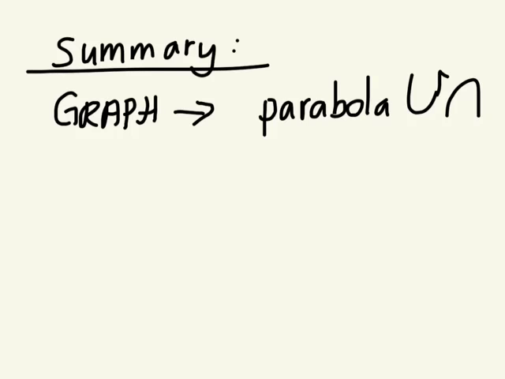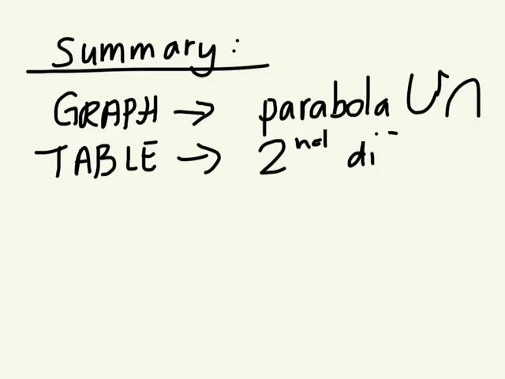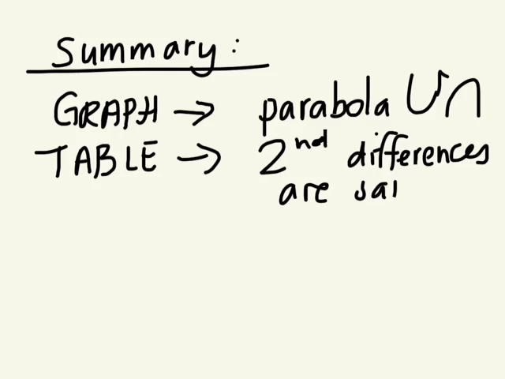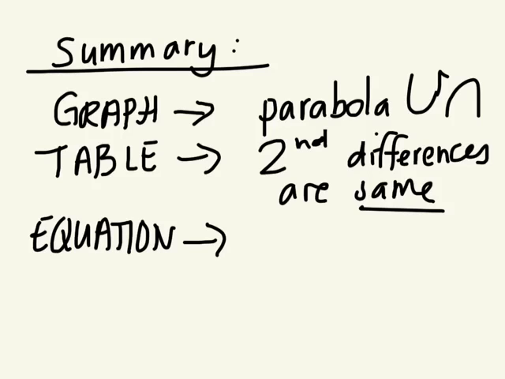How can you tell from a table if it's quadratic? If the second differences are the same, and how can you tell from an equation if it's quadratic? If it has an x squared term. Okay, so that's what you need to.